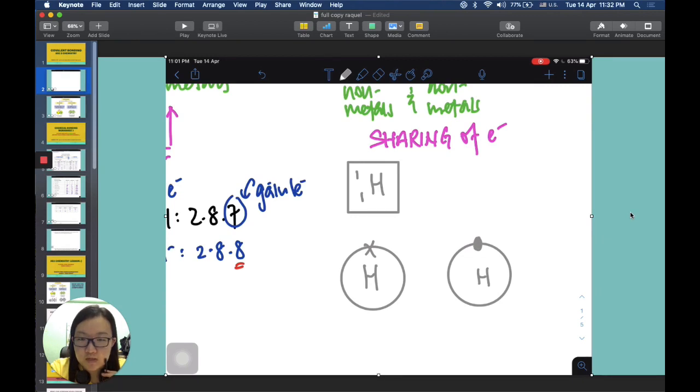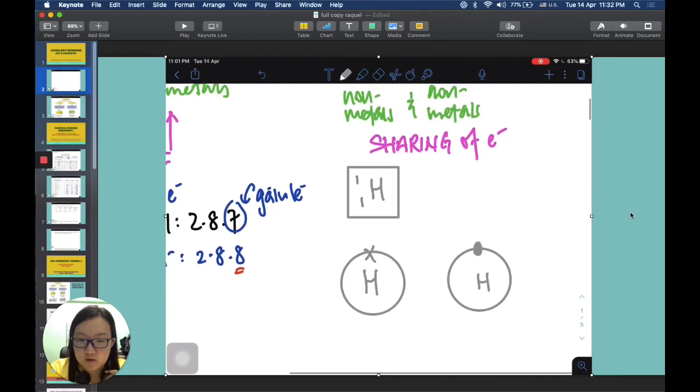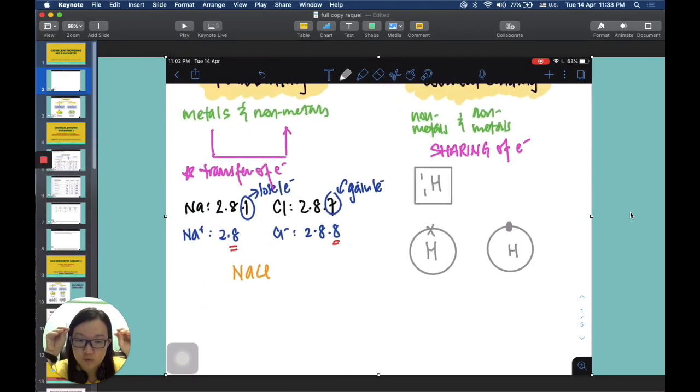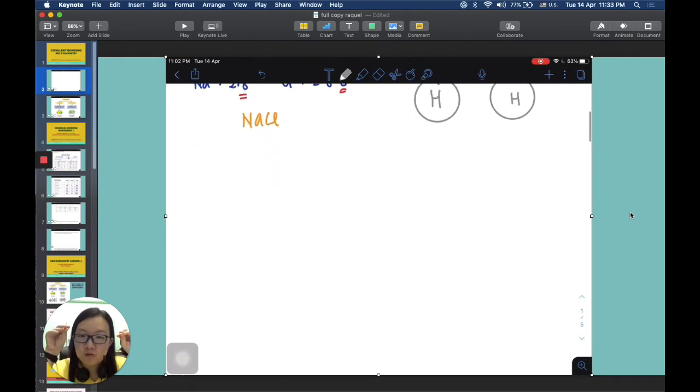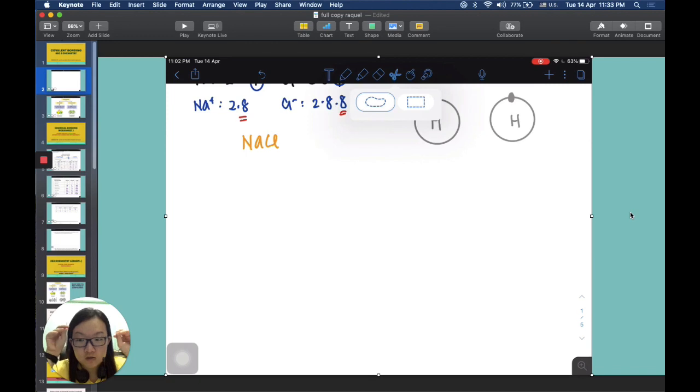If we look at the bonding within an H2 molecule, this is how it goes. Follow through with me the train of thought. Now we have one hydrogen and another hydrogen atom. Both of them are non-metals. They are still atoms, so they have not undergone bonding yet.